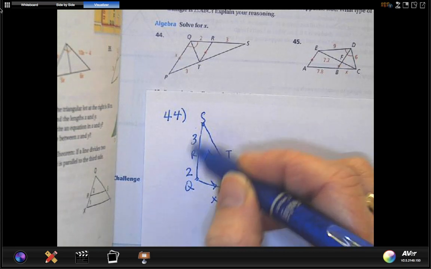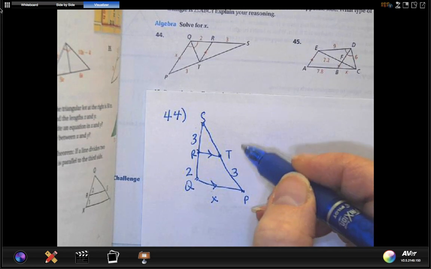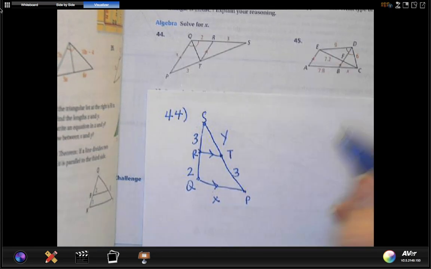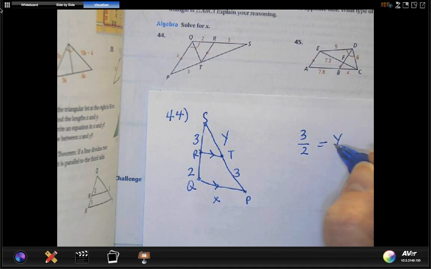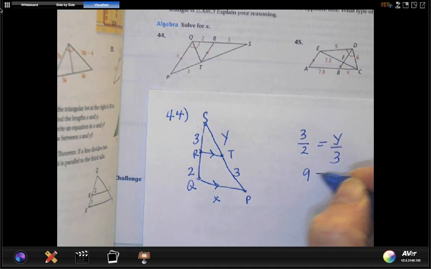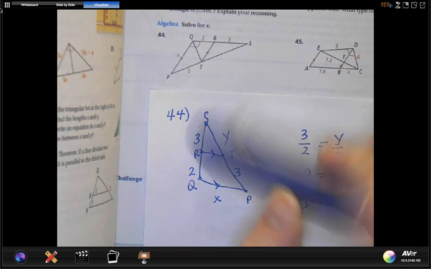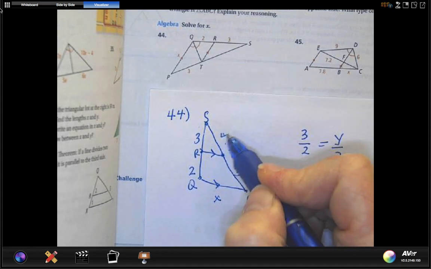All right, if you look right here, this is that first theorem that we talked about, the side splitter theorem. So let's call this y here. So 3 over 2 is equal to y over 3, 9 equals 2y, so y is equal to 4.5. So now I know that this piece is 4.5.